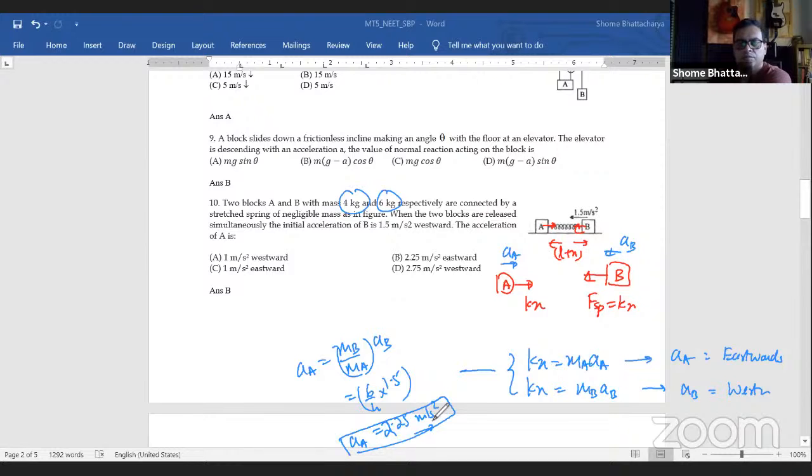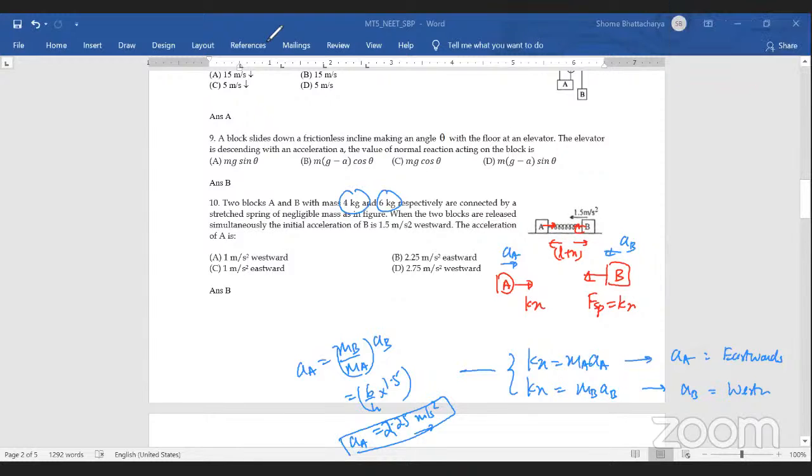Is it clear, Sarvesh? If anybody else is having doubts also, please let me know. So far only one or two people are asking doubts. So go through the questions carefully. Try to recall what you've done in the test.